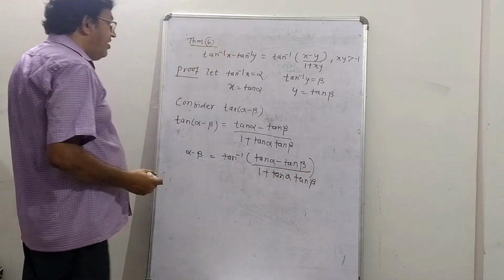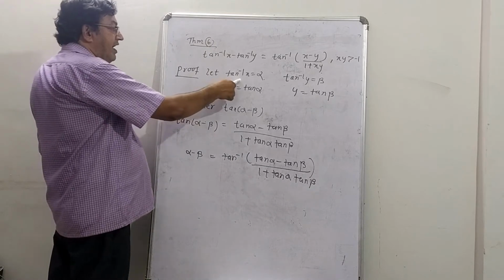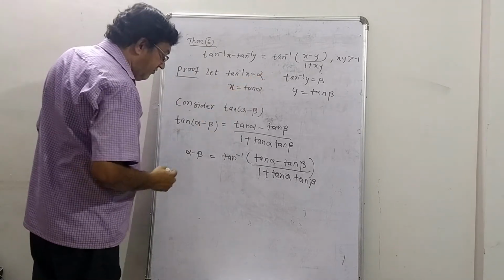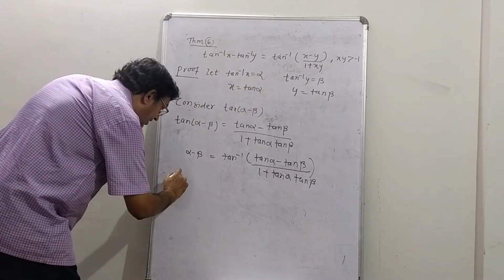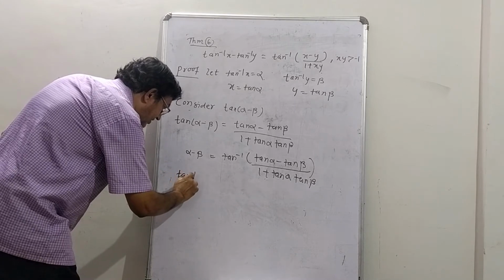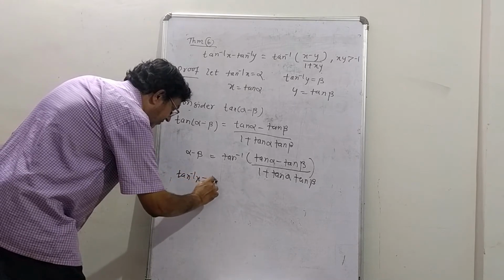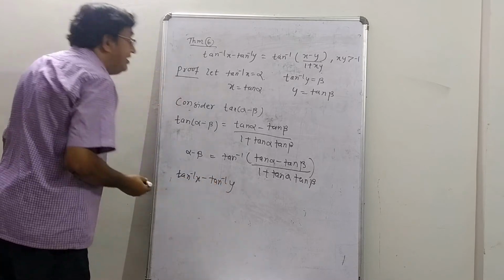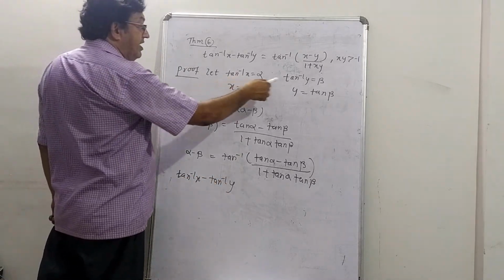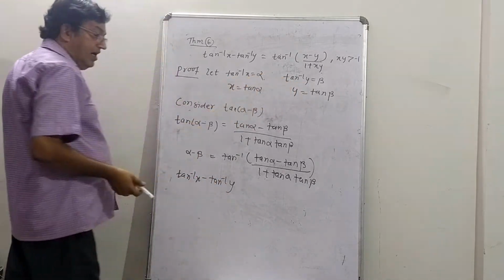Now we'll substitute for alpha and beta. Alpha is tan inverse of x, beta is tan inverse of y. So the left hand side will be tan inverse of x minus tan inverse of y.